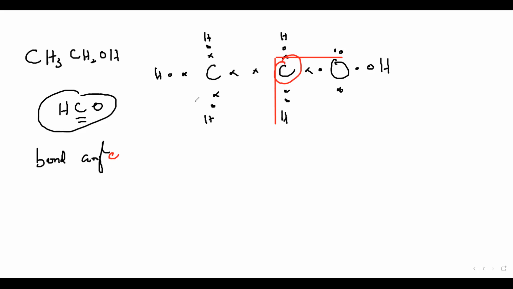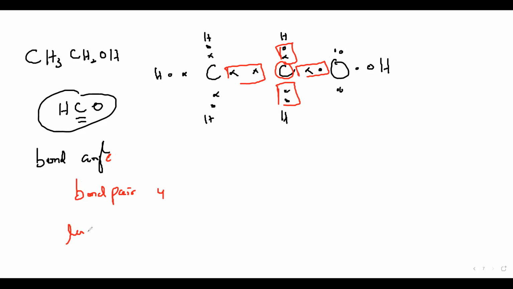So when we are predicting the geometry now, we should check the carbon. When we check this carbon, the central atom is carbon. How many bond pairs are there? 1, 2, 3 and 4. There is no lone pair. So the total number of bond pairs is 4, and the total number of lone pairs is 0.